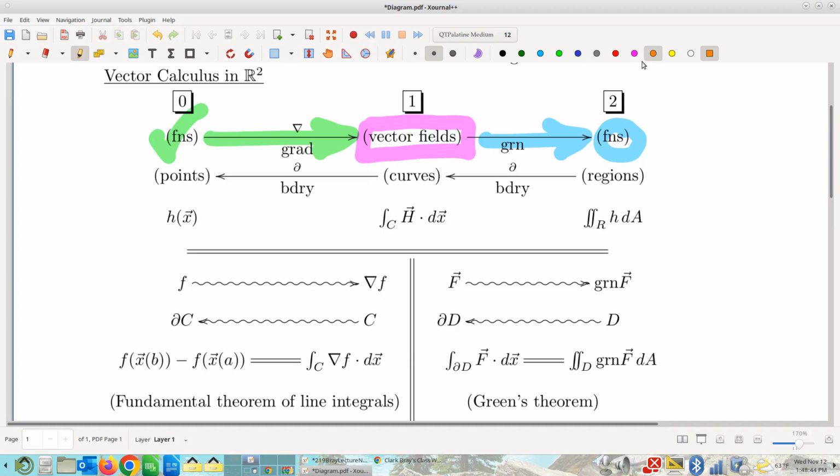Path independence. The feature of path independence means that if you have two curves that have the same boundary points, in other words, they start and end at the same points, then they will give you the same value for the line integral. So that's just how I'm going to represent this on the diagram.